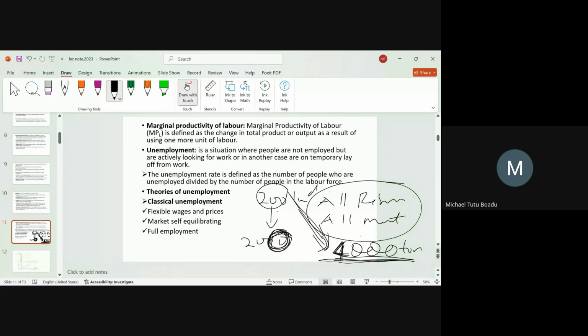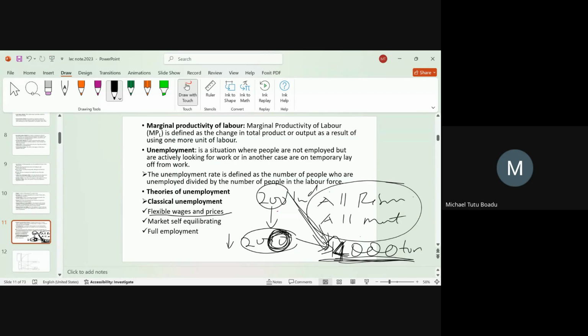So they believe that there are flexible wages and prices. If all 210 are competing for this and the price is rising, they will begin to reduce the quantity that they want to buy, and that will bring the price level down. So they believe in flexibility of wages and prices.